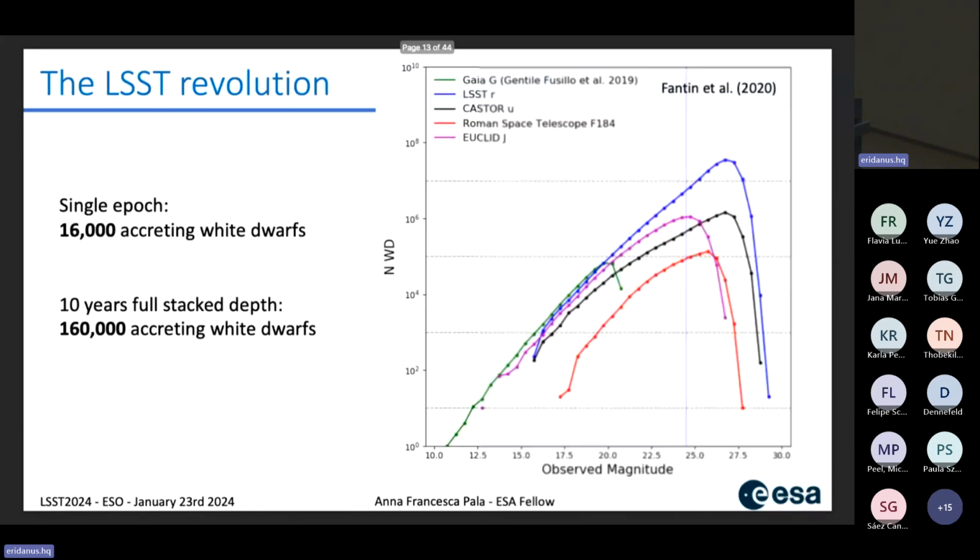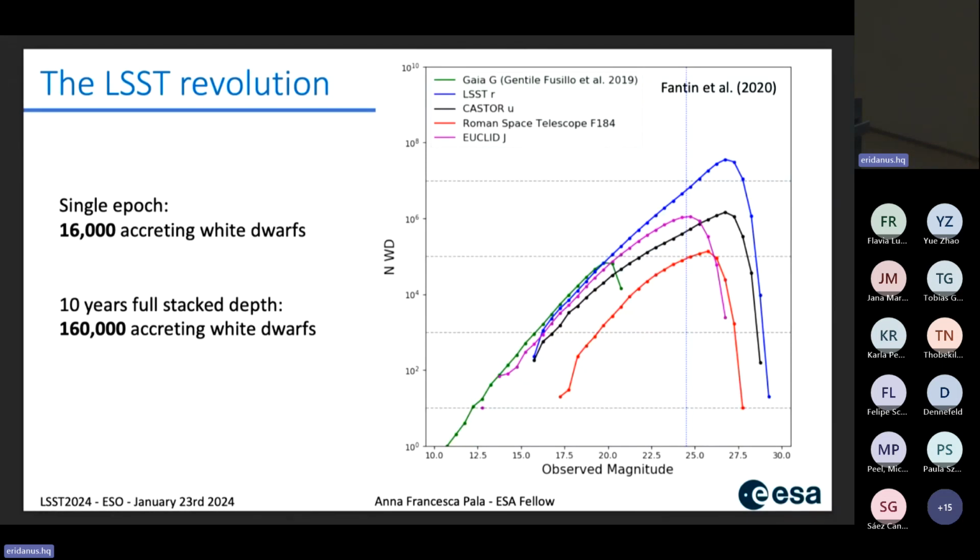So in order to compute that, I took this simulation from a paper by Fantin et al., where they show the number of single white dwarfs as a function of the observed magnitude. And you can see here in green, there is Gaia that stops at magnitude 20, and then you have LSST going to 24.5 in a single visit, down to 27 by the end of the entire survey.